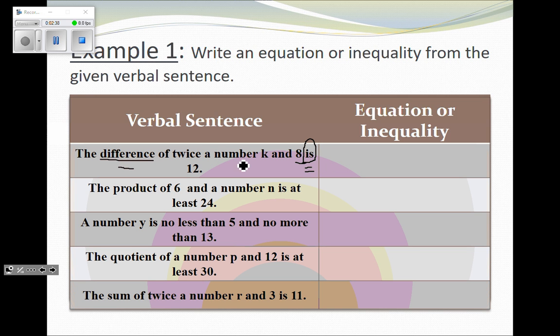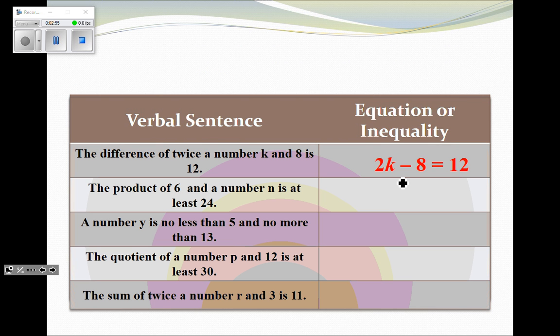So twice a number k would mean 2 times the number k, and then we have the difference of that. So 2 times number, so 2k minus 8 is 12. So our equation would look like this. 2k minus 8 equals 12.